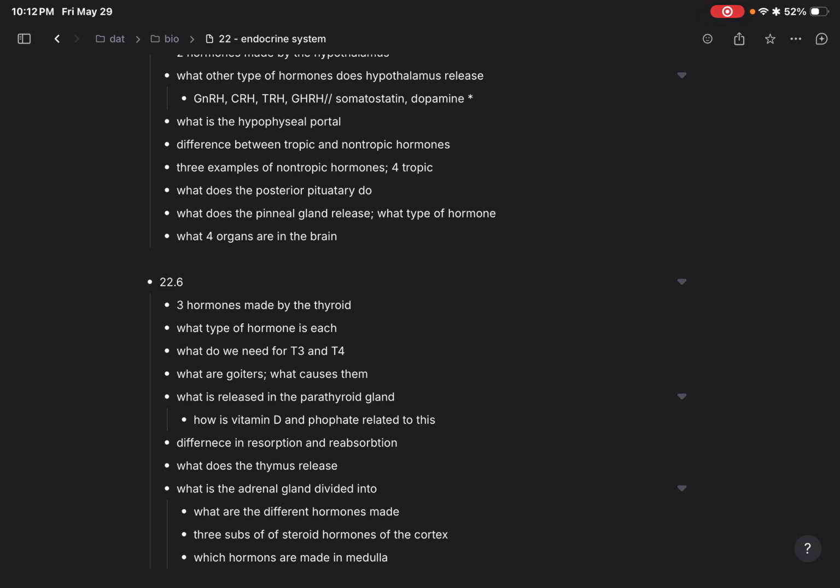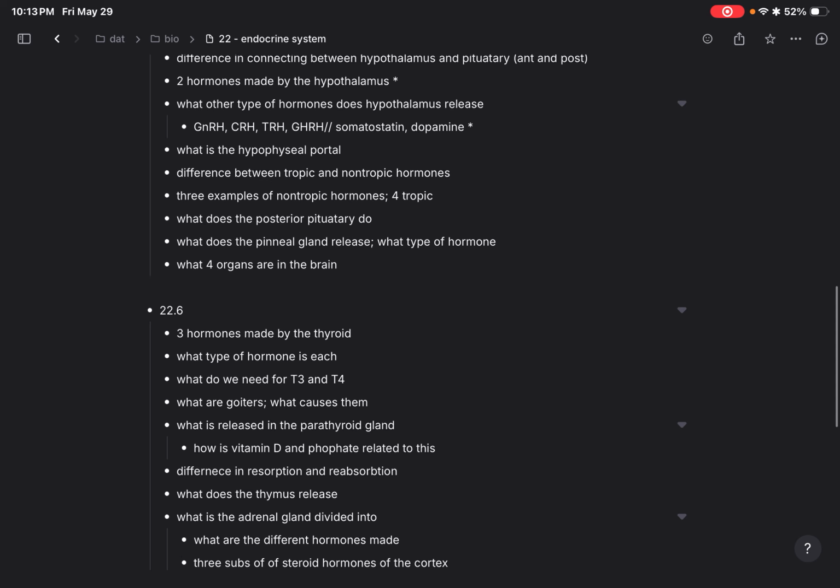Okay, there's GnRH, gonadotropin releasing hormone, so there's going to be FSH, and then LH. That's 2. Then there's TSH. And then there's the CRH one, which leads to ACTH, adrenocorticotropic hormone. So TSH, ACTH, FSH, and LH.